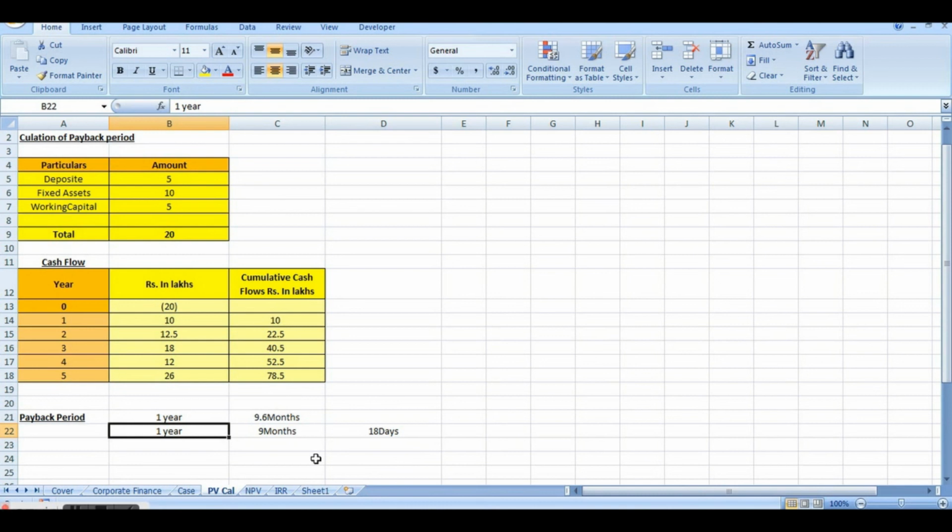Second situation, when the economic conditions are pretty inflationary, or the raw material you are using is pretty inflationary, in those cases you would like to get back your investment as early as possible. In those projects or assets also you would like to use the payback period method. And the third case is if you are investing in a project which is pretty dynamic, for example technology projects or mobile projects, they change very fast.